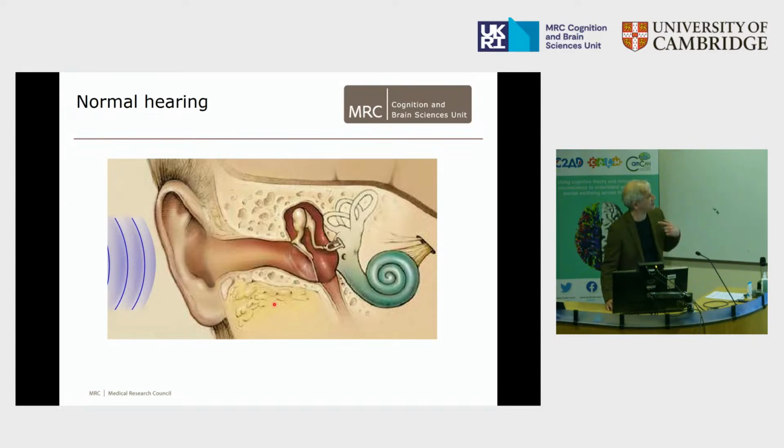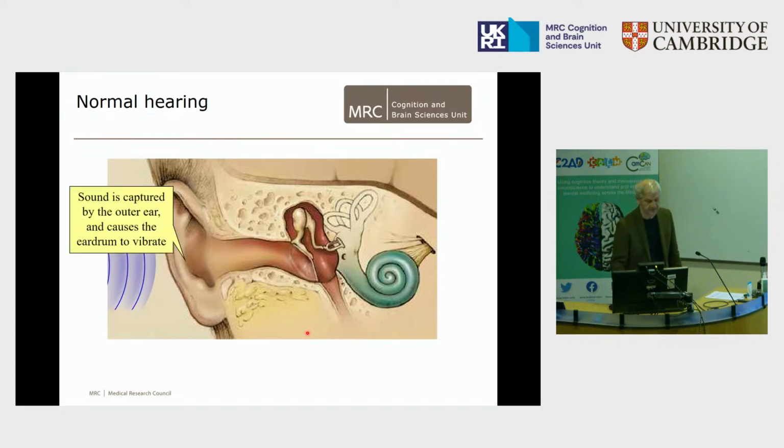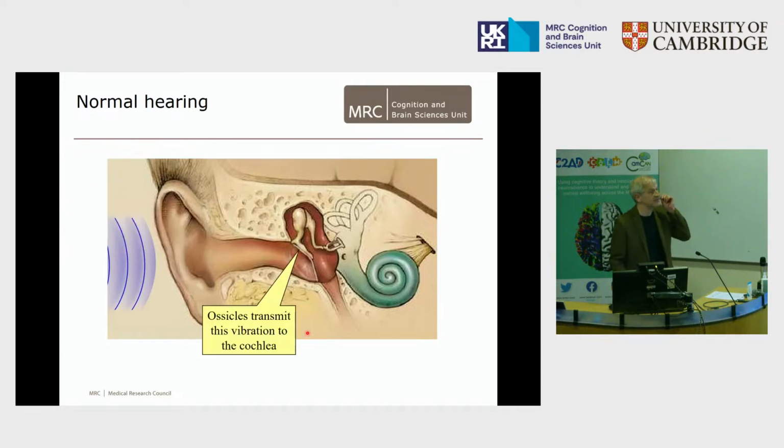Sound is captured by your outer ear, and this causes the eardrum, which is about as far as you'll get if you stick your finger in your ear, to vibrate. This makes some little bones in the middle ear also vibrate, and they transmit information to the cochlea, this spiral-shaped organ.